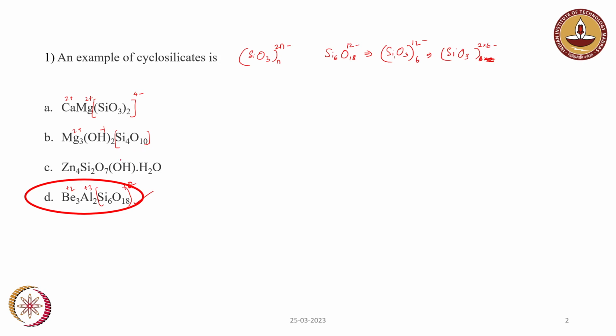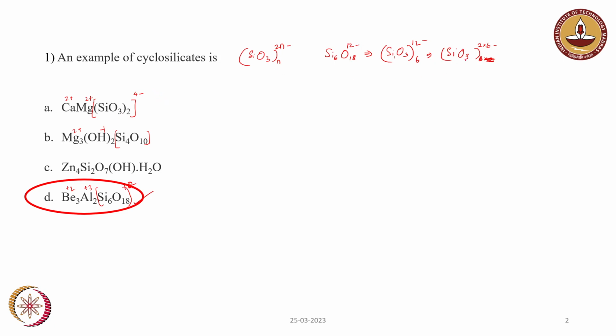We can also see that this one is (SiO3)2 with 4 minus. So this is also in the form of SiO3 and 2n minus, but this cannot be a cyclosilicate because only 2 units are present. For forming a cyclosilicate, there should be at least 3 units.